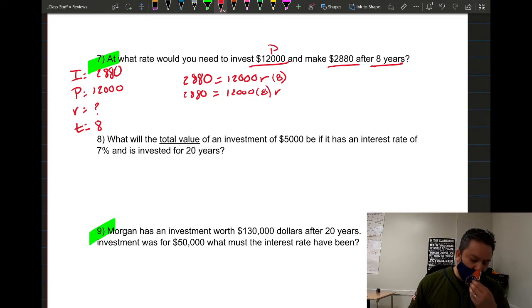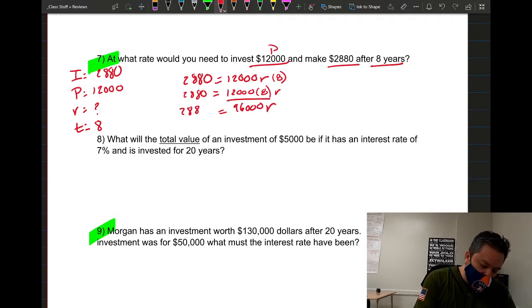When I multiply these two, I get 96,000 R equals 2880. Now I have an equation that I can go ahead and solve for R. So I'm going to divide by 96,000, and what I do to one side, I do to the other side.